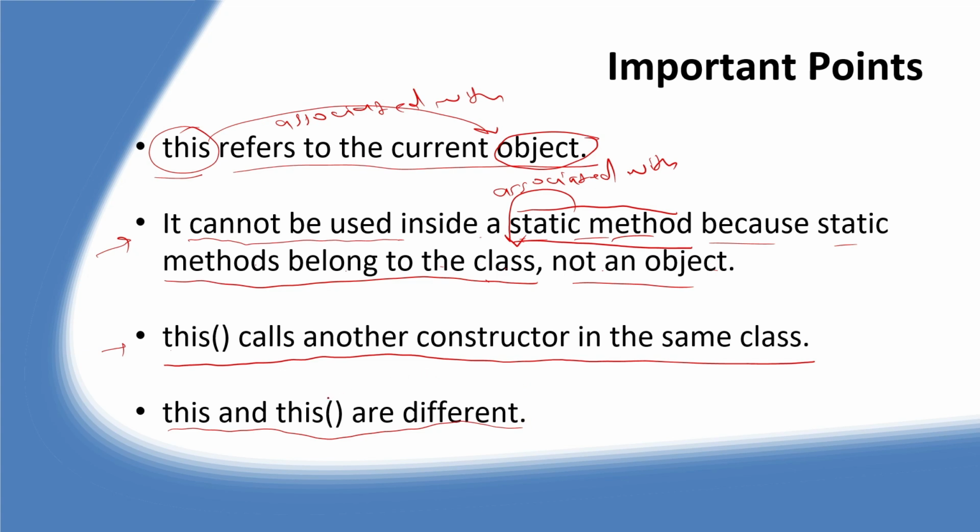We have seen in the examples, you can revisit the examples and you will find the difference we have used. To access the fields, we use the dot operator, this.name, this.age, like that. And inside a constructor, we will use this one. Just revisit the example and you will catch these points.